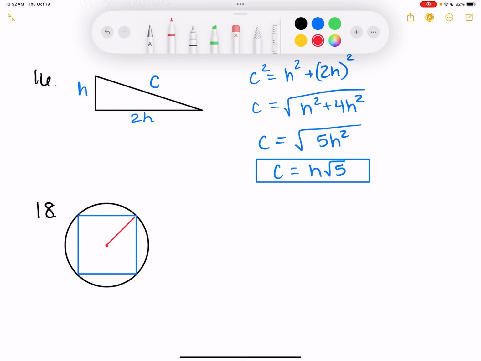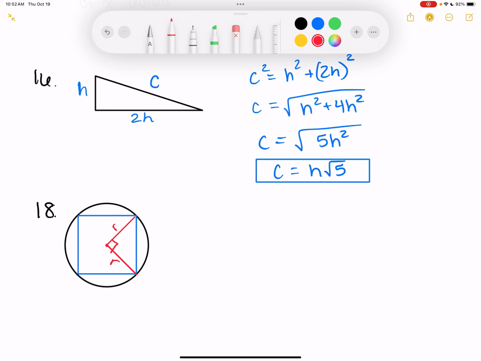If I did the entire diagonal, it would be the diameter. So I can also do the same thing over here. And so this is radius, this is radius. What do I know about this angle right here? It's a 90-degree angle, so it's a right angle.